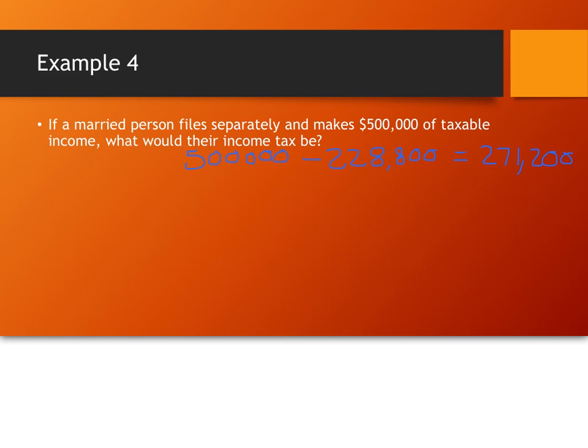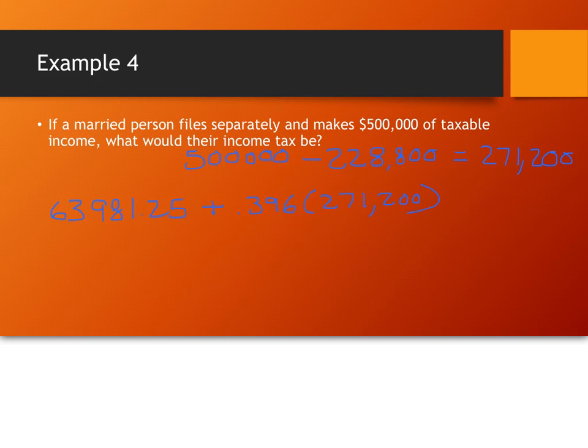And since this is in the very top tax bracket, what we have to do on this tax form, or at least that's what it says, is to take 63,981.25 and add 39.6% of this $271,200.